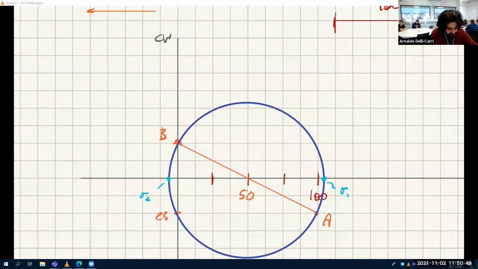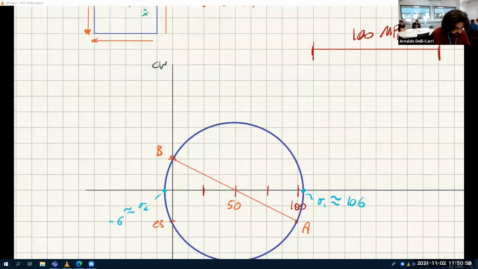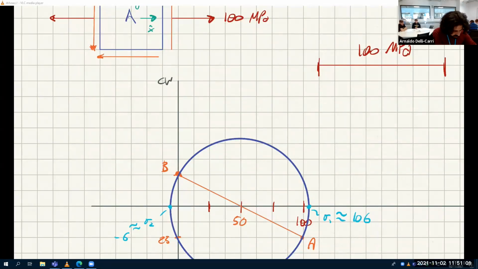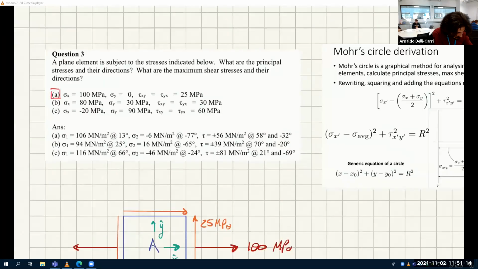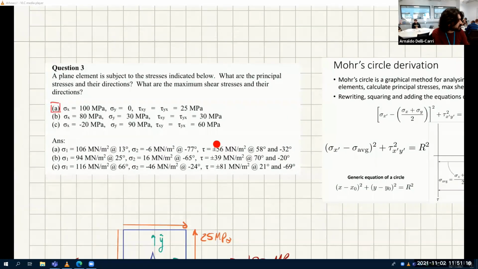How much is tau max? So sigma 1 is about 106, and sigma 2 is about minus 6. Let's check how much is tau max. Well, tau max is 25, 50, 56, more or less. Yeah, plus or minus 56.